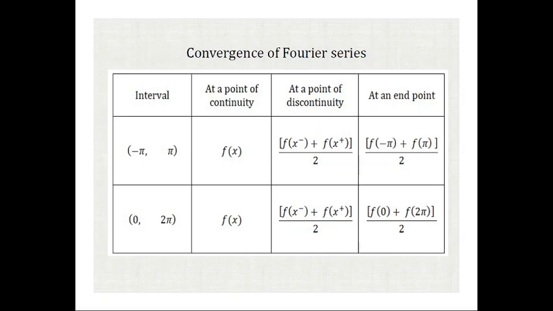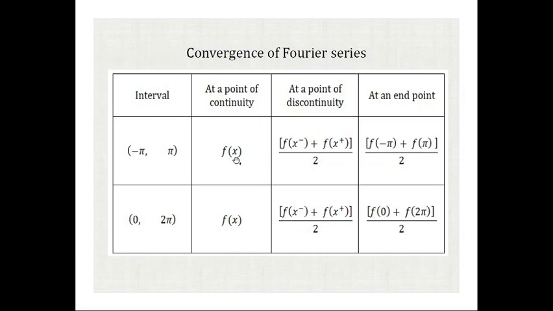So, convergence of Fourier series. Convergence in the sense, suppose we find the Fourier series expansion of the given function. As I said earlier in the previous class, if you give some particular value for x on the left hand side, you get some value. If you give the same particular value on the right hand side, which is a series expansion, then you get some value.